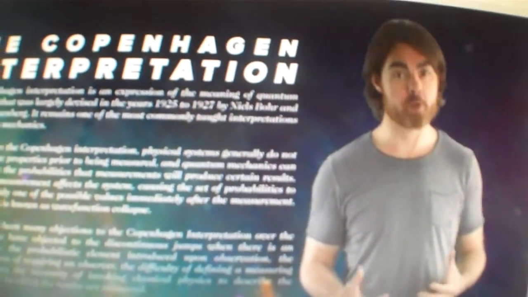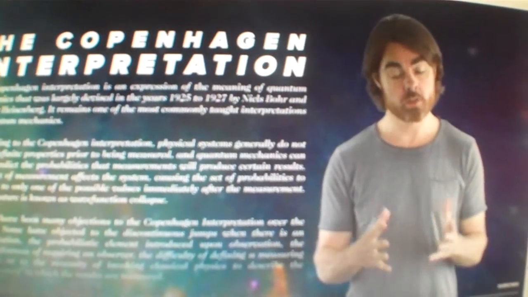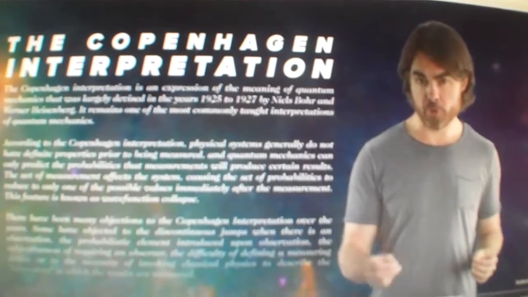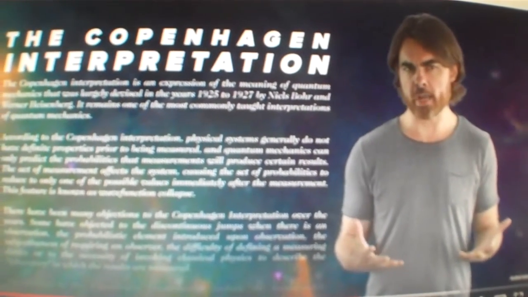Copenhagen interpretation calls this transition from a possibility space to a defined set of properties the collapse of the wave function. It tells us that prior to the collapse, it's meaningless to try to define a particle's properties.